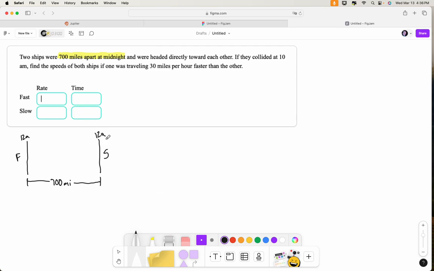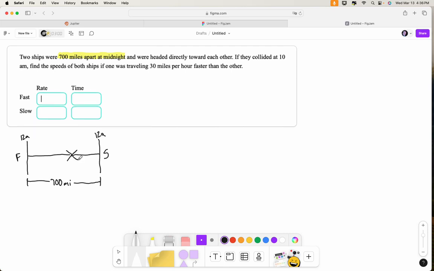So that's a picture of the first sentence, right? Now we're going to adjust it as we go. Now they're headed directly towards each other. So what that tells me is my arrows are going towards each other like such, and they're probably going to meet. So actually, that's probably reversed because the fast one is going to go further than the slow one, right? Let's put him here.